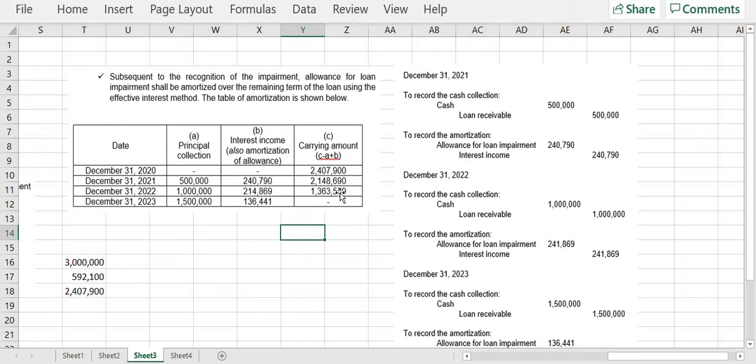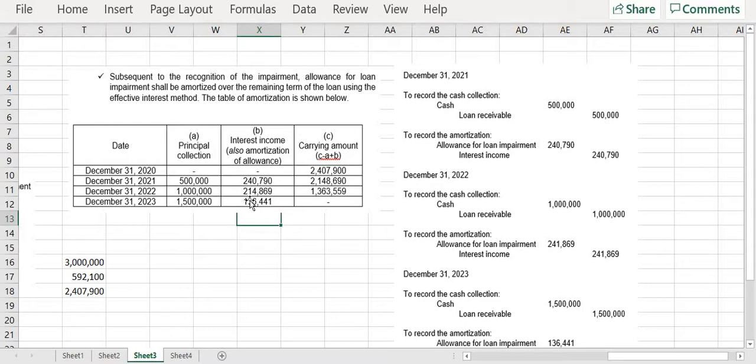Now, for December 31, 2023, no? Okay? So, yung gagawin is that, huwag mo nang i-multiply si carrying amount in 2022 by 10% para makuha ang interest income. Kasi nga, dahil nag-round off tayo ng mga decimal points, kaya hindi mag-i-equal kapag i-multiply mo siya sa 10%, si carrying amount.